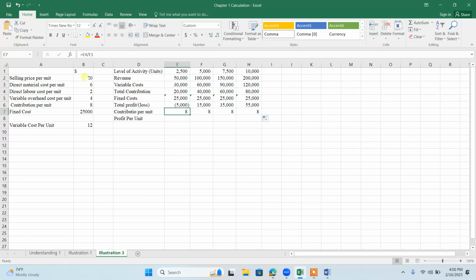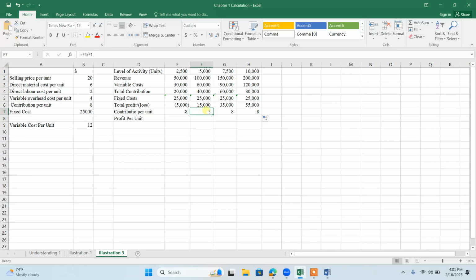The sales and variable costs are increasing in the same proportion. If the cost price changes, then maybe you will have a different contribution per unit.